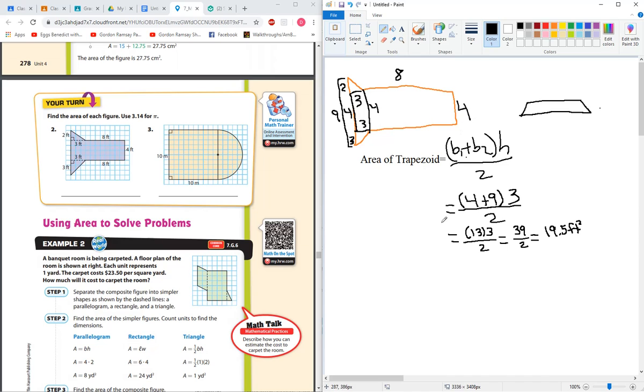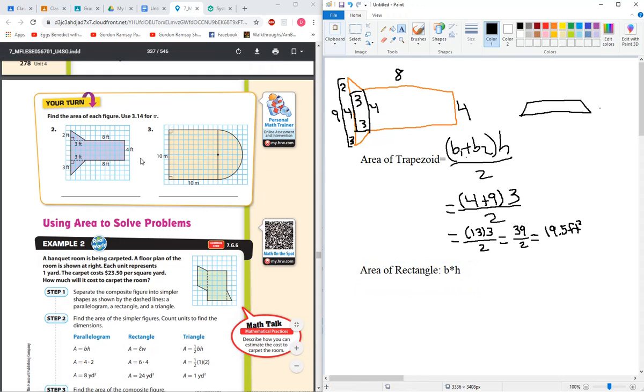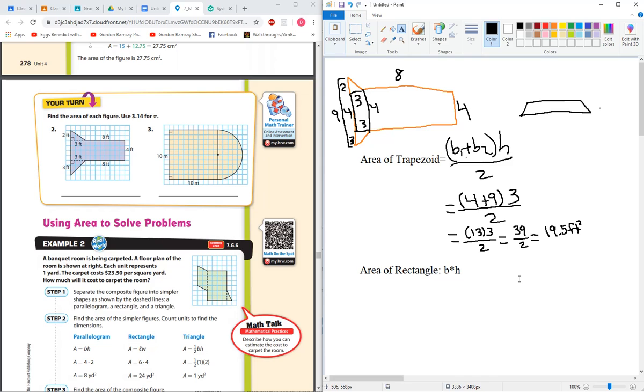So if I were to do that here, my rectangle, area of a rectangle is what? You should already know that as base times height. So in my rectangle here, what's my base? Or length times width, base times height, same difference.